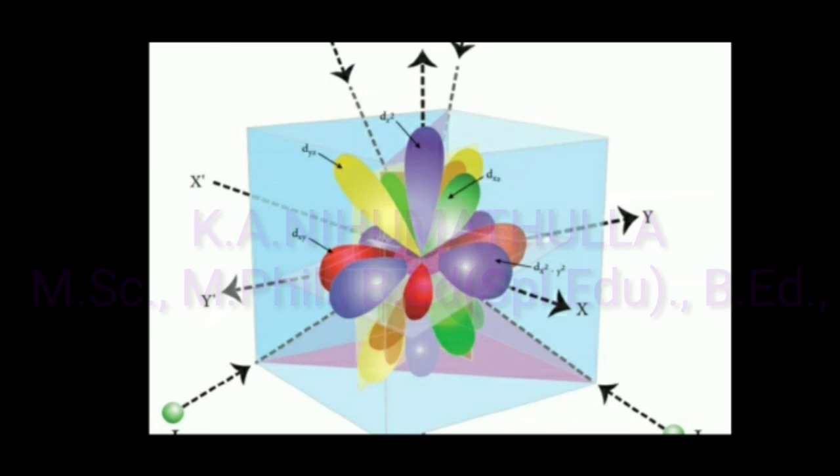What are the Eg orbitals? They are the doubly degenerate dx squared minus y squared and dz squared.